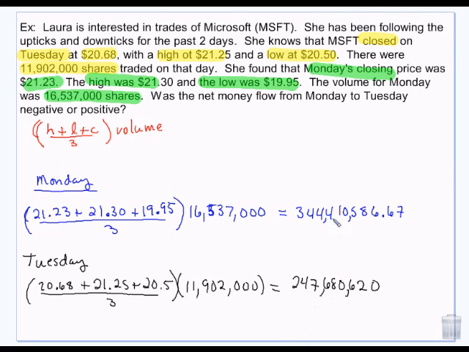This is Monday. What's my net money flow? It is negative, because Tuesday's less than Monday. So my money flow is negative because I'm going down.